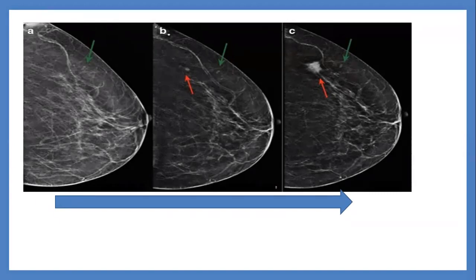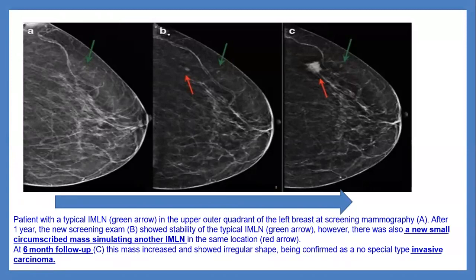However, the lymph node, at this moment, I cannot say this is a metastatic lymph node. Okay, a circumscribed mass simulating another. This is brought here because in the middle mammography, they thought this is another intramammary lymph node.